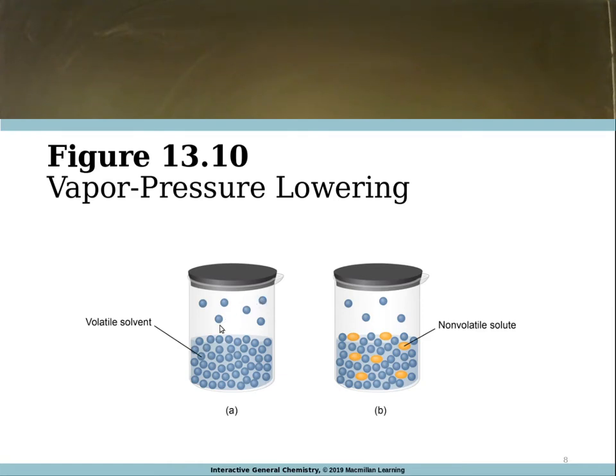Well, what we have at saturation is an equilibrium between the gas particles that are falling down into solution and getting stuck, and the solute particles that are in solution that are able to escape into the gas phase.